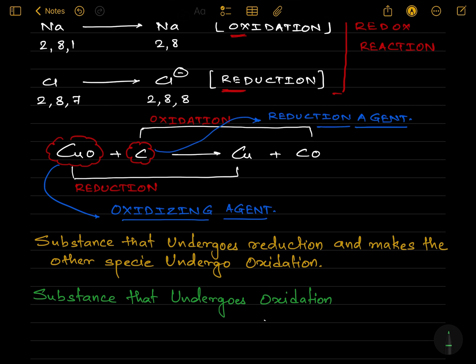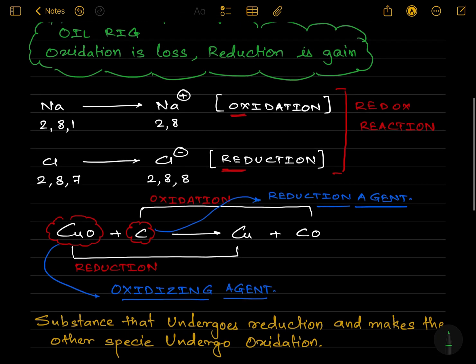So a substance that undergoes oxidation and makes the other substance or the other species undergo reduction. I hope we are clear with what exactly you mean by an oxidizing agent, and what exactly you mean by a reducing agent.